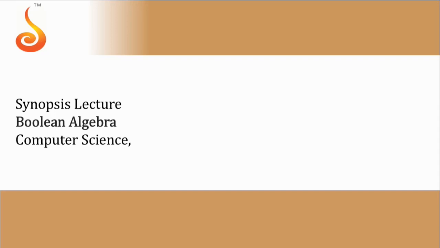We'll be doing different gates. Then different types of Boolean expressions, that is sum of products and product of sums expressions, the difference between min terms and max terms, and simplification of Boolean expressions in algebraic form, as well as using K-maps.